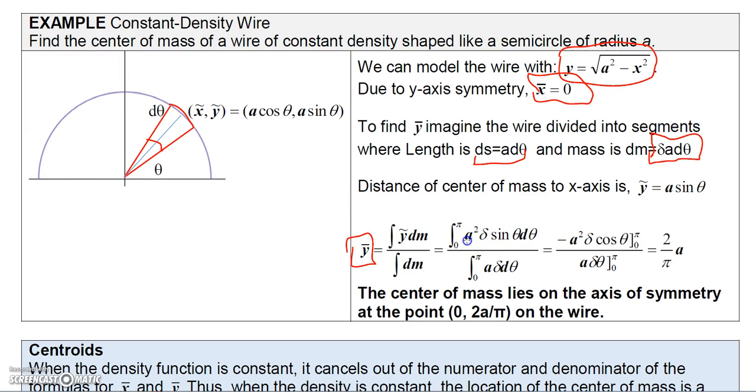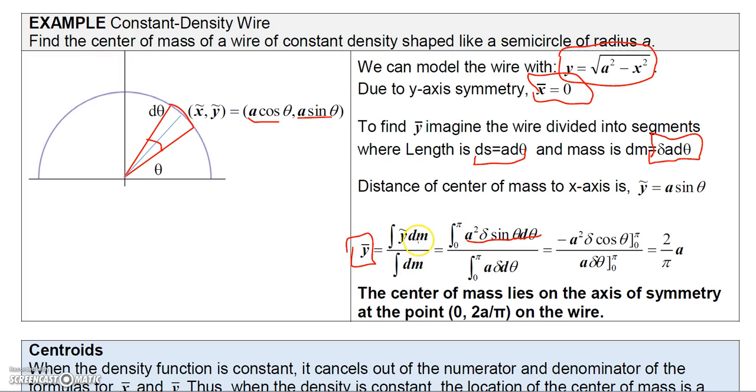And we're going to integrate a squared times the density function sine theta d theta. Now let me tell you where the sine theta comes from. If you want the distance of the center of mass to the x-axis, that would be the y value, and this y value can be written as a sine theta, because this point right here is a cosine theta, a sine theta. So the distance of the y value from the x-axis is a sine theta.